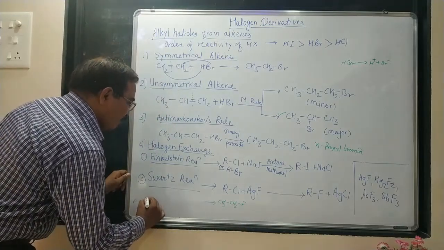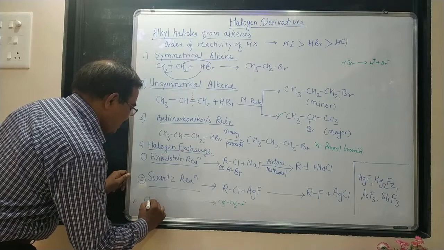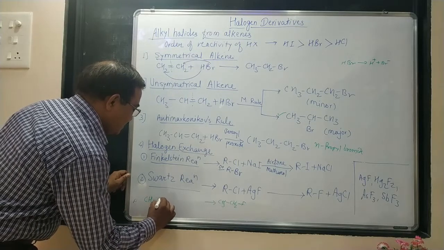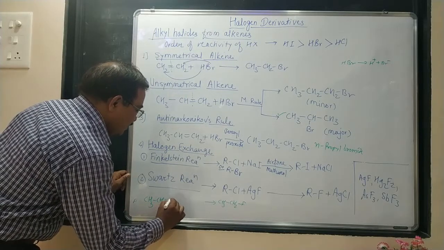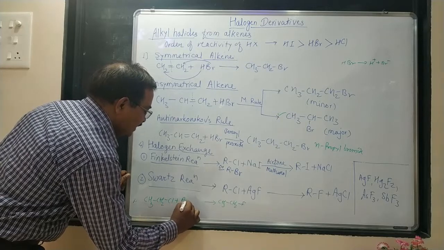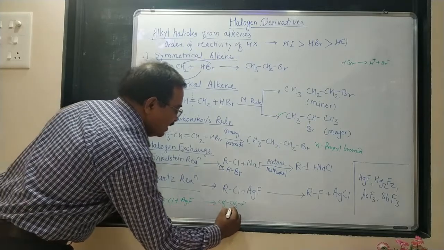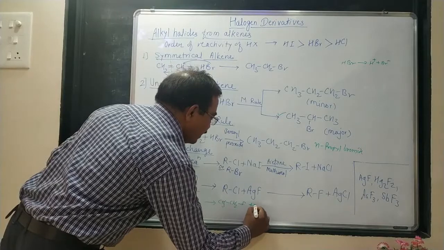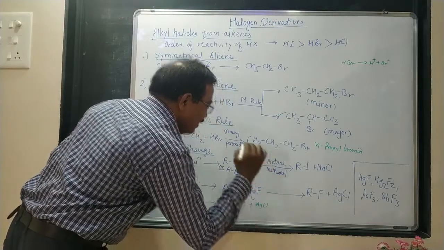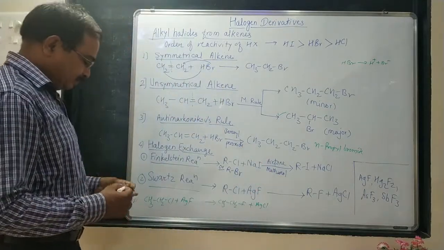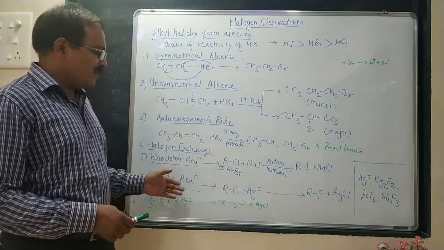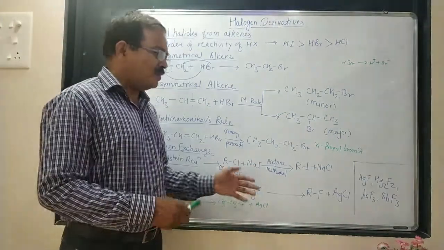You have to follow the Swarts reaction. CH3CH2Cl plus AgF gives CH3CH2F, and AgCl precipitates out. As far as your board examination is concerned, you will learn this reaction by heart, no problem.